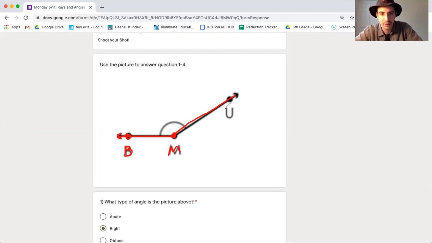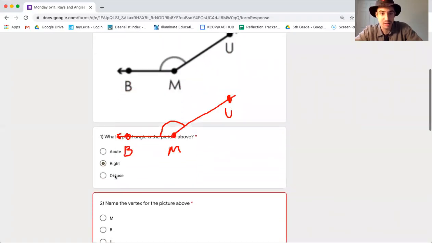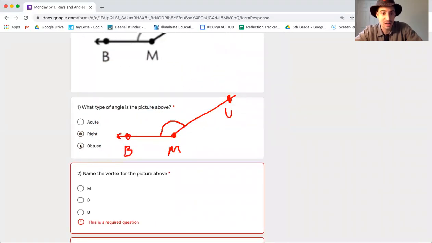I first know that this is an angle because there are two rays that share this endpoint M. I see that the angle is pretty wide, as we like to say, and if I drew a right angle on top of this, it would look sort of like that L right there. I can see that this angle is way bigger than that L that I just made, so I know that this type of angle is an obtuse angle.